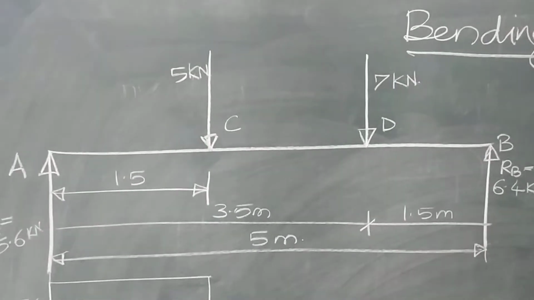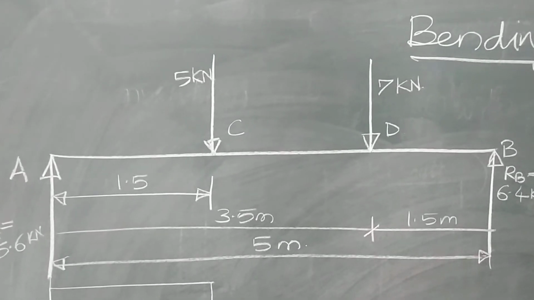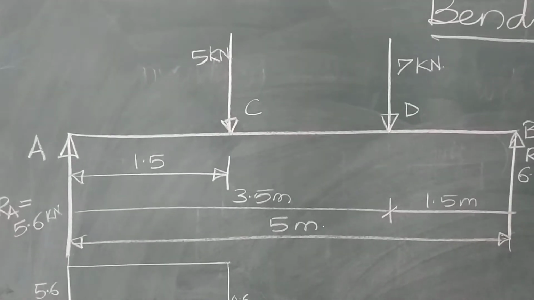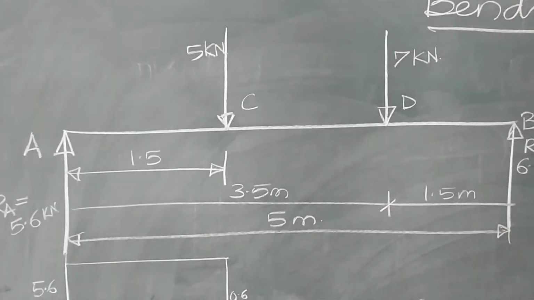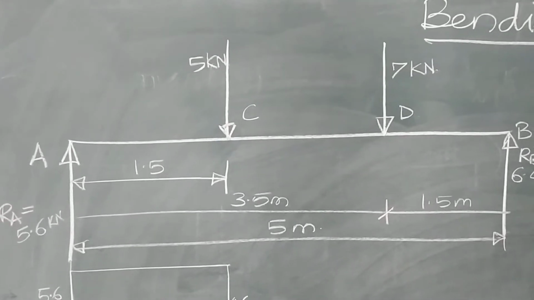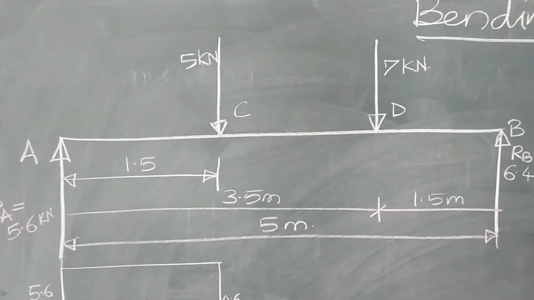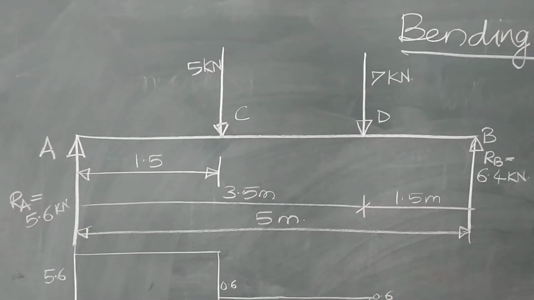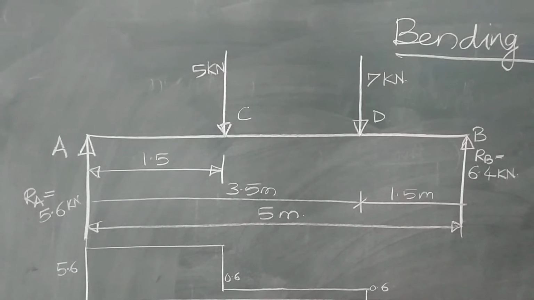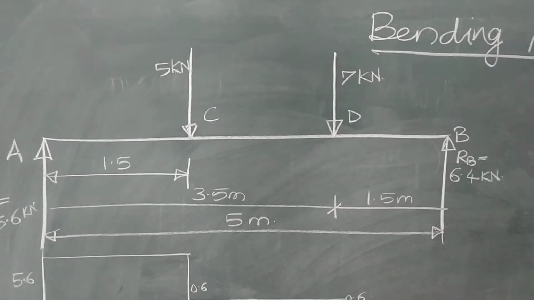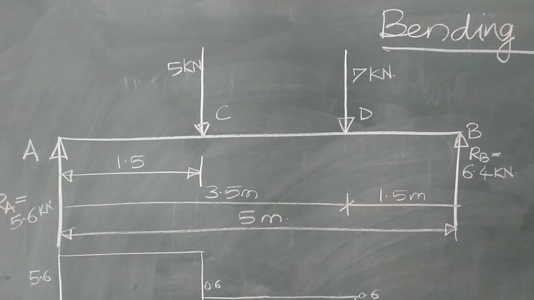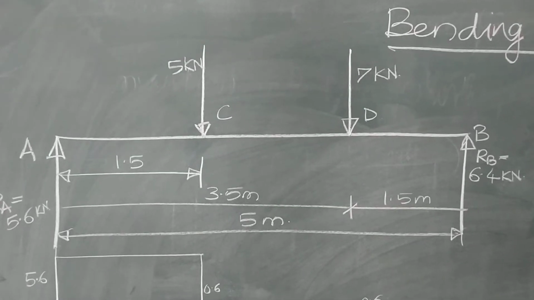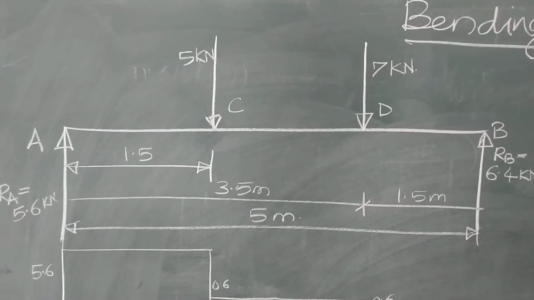Let us take the same problem of simply supported beam having point load, which we have studied to calculate shear force. Now it is part 2, bending moment. Take this beam AB, simply supported beam of length 5 meter having 2 point loads, 5 kilonewton at 1.5 from support A, another point load of 7 kilonewton at 3.5 meter from support A. We have already calculated RA and RB.